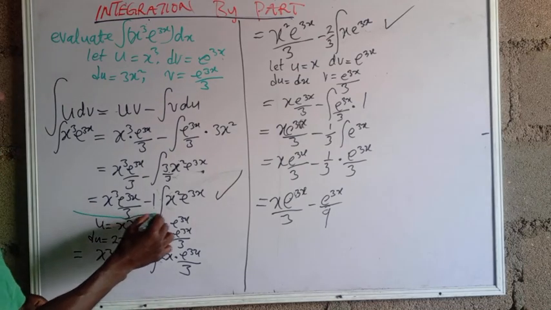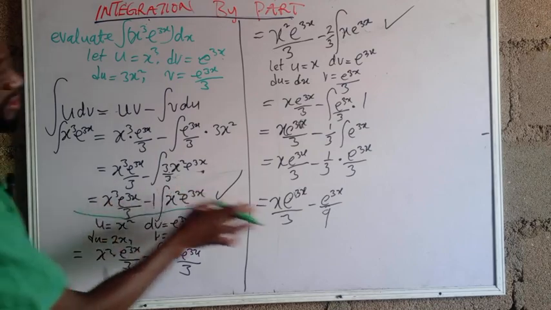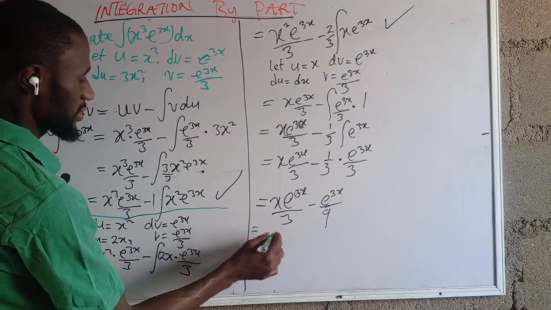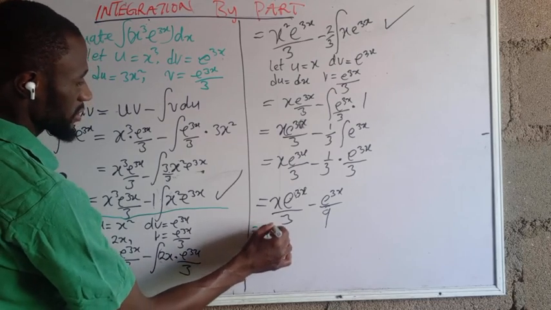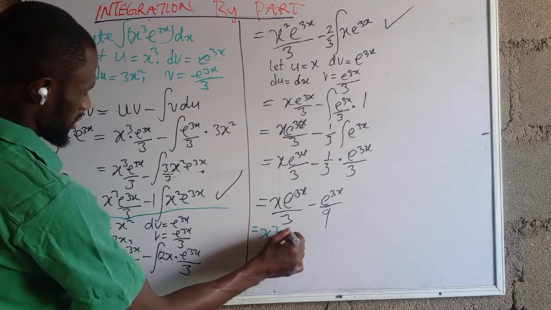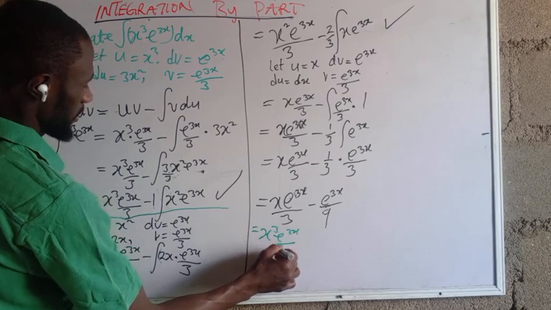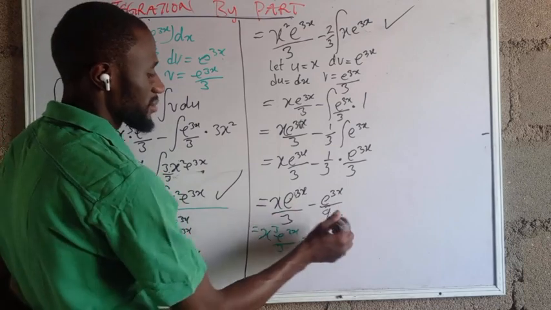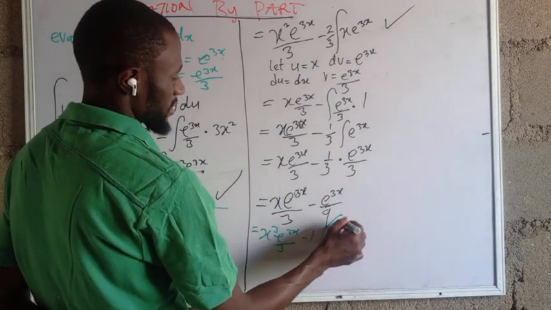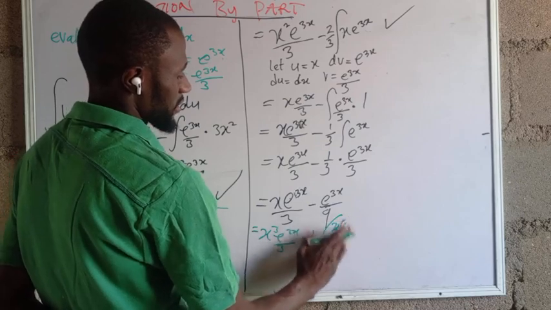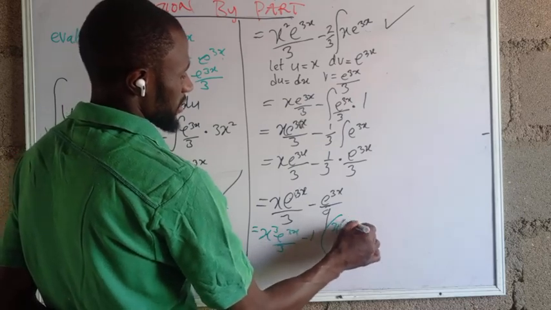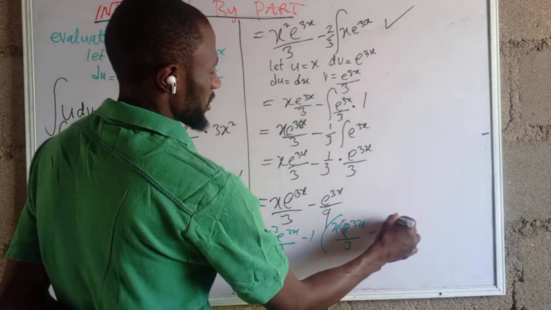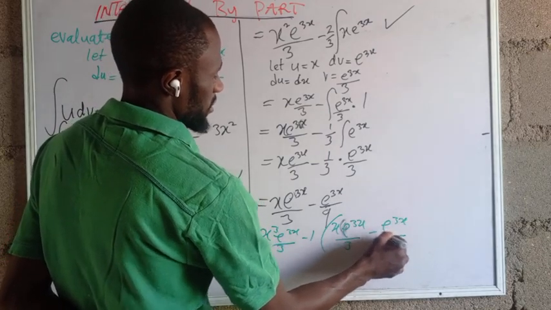Let's remember this step and take it to multiply by this, where you can have something like this equal to x cubed exponential 3x all over 3 minus 1 open bracket 2. Inside this one into the bracket we have x exponential 3x all over 3 minus exponential 3x all over 9.